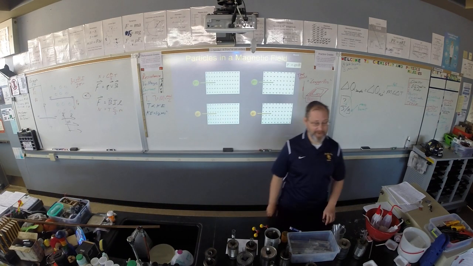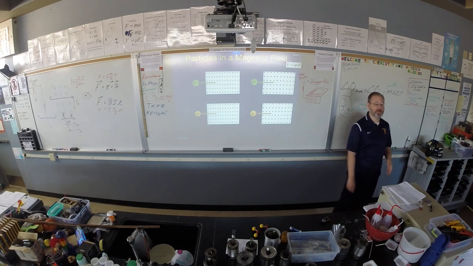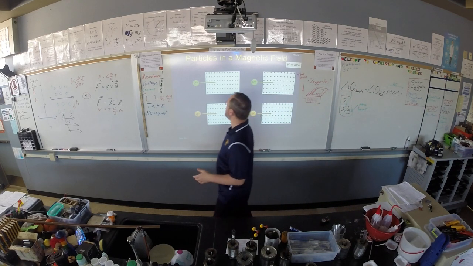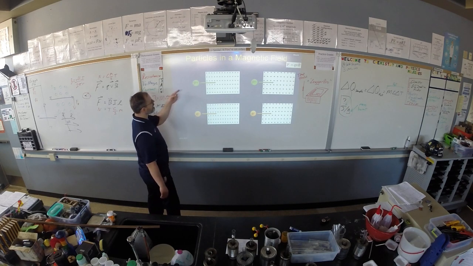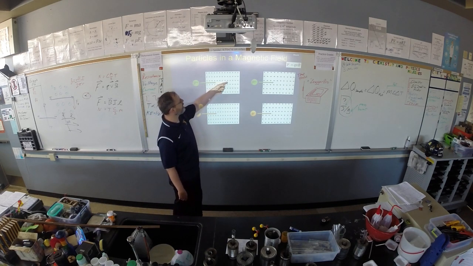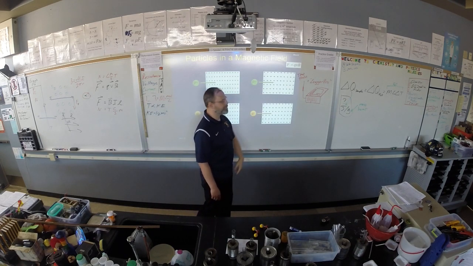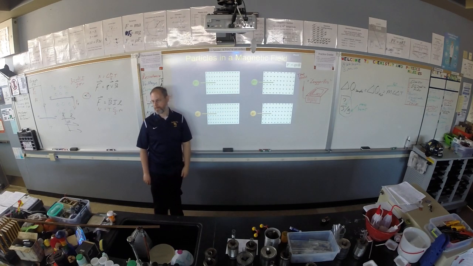Particles. Oh, this is great. When particles travel into a magnetic field, they feel a force. So if I send a positively charged particle into this magnetic field, it's going to feel a force.